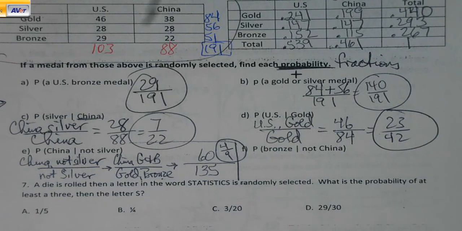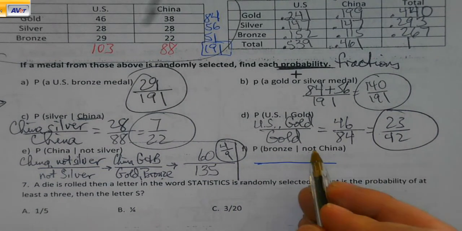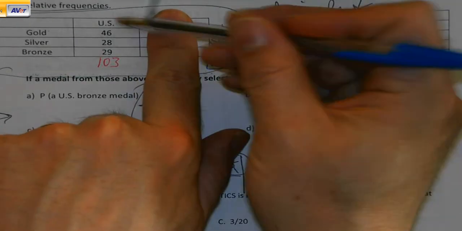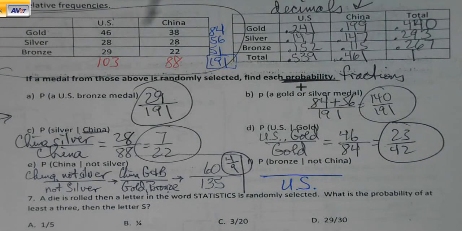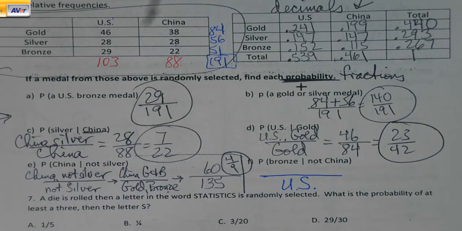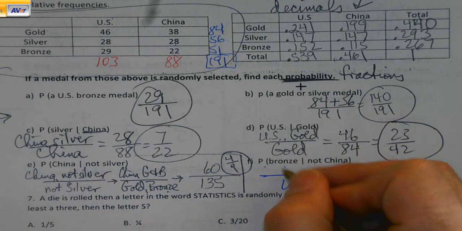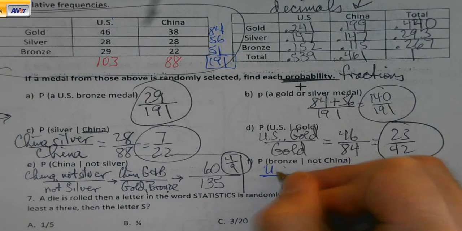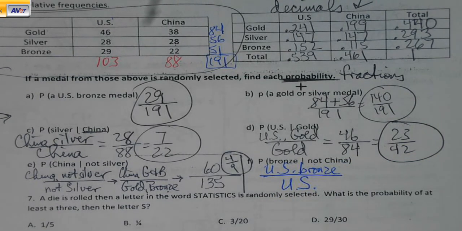And it's the same way on this last one. So let's just think about this for a second. Not China. Well, in this case, if it isn't China, it has to be the U.S. My numerator is just normal this time. It's bronze. So this would be, okay, U.S. bronze. Or you can say not China, but that's really what you're doing.